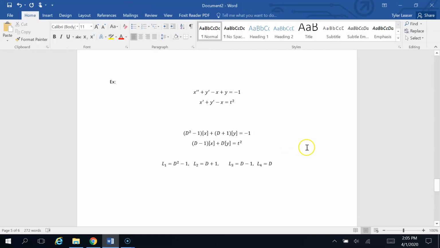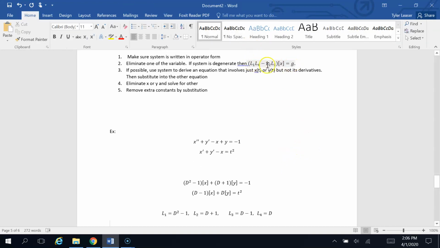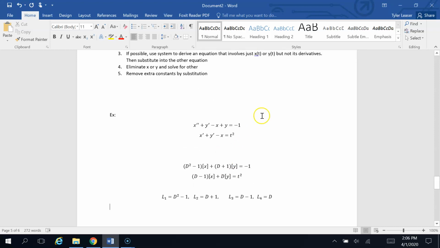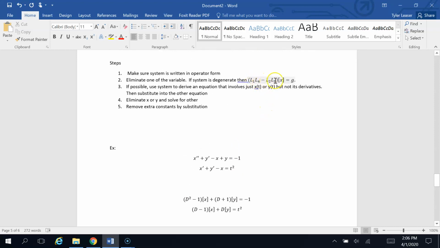You could either at this point memorize a way, so this would be the way of eliminating the y to only have x left over, and then a very similar one for eliminating the x to have just y's left over. But I hope you can see what to do at this point. So the way that I did it is, I just used this thing up top here, the L1, L4 minus L2, L3 thing.